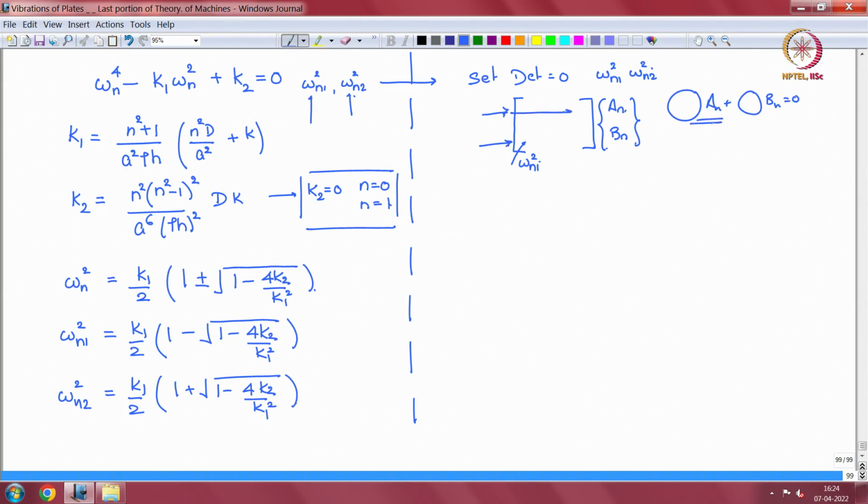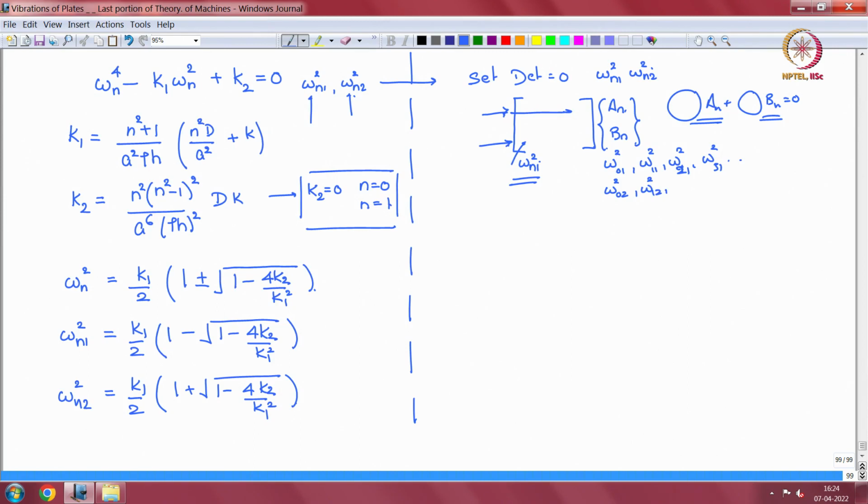Then you can solve an in terms of bn or bn in terms of an for every omega n1 square value. Okay, first set. Similarly, the second set of natural frequencies.